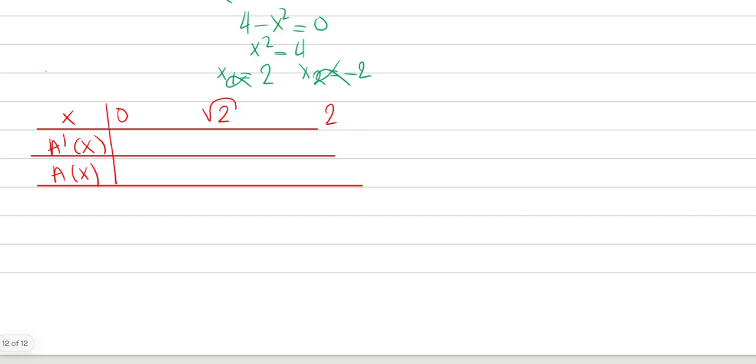Radical 2 is the same thing as 1.4, so I'll write 1.4 here to make this easier for us. Now, for A prime of x, I'm going to be using green. My A prime of x was negative 4x squared plus 8 over radical 4 minus x squared.